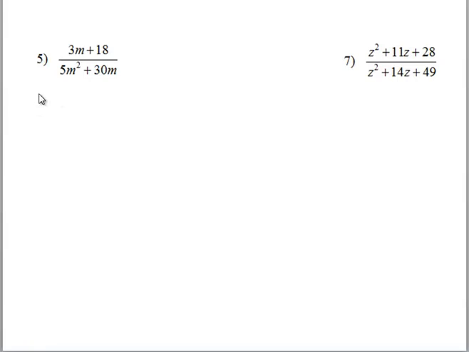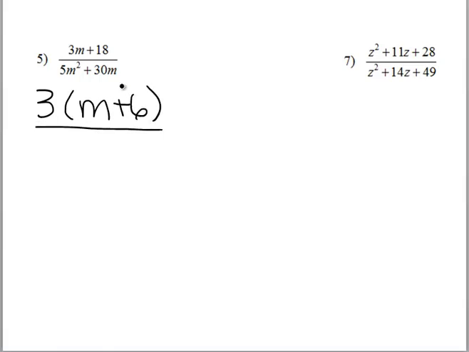Okay, let's try number 5. And I'm sorry these are not numbered well, but the problems correspond on your pages. So here I'm going to handle the numerator. So the common factor there would be 3 times m plus 6.